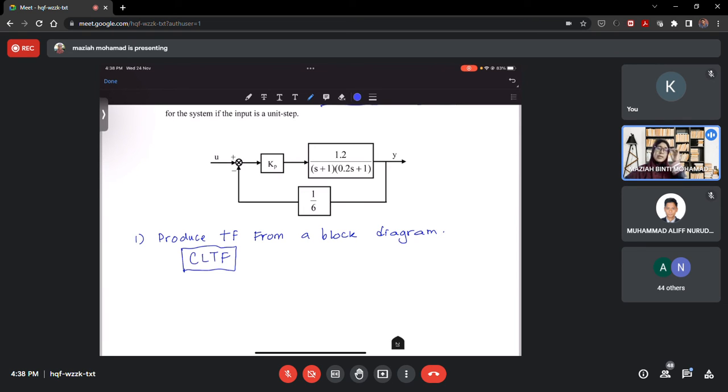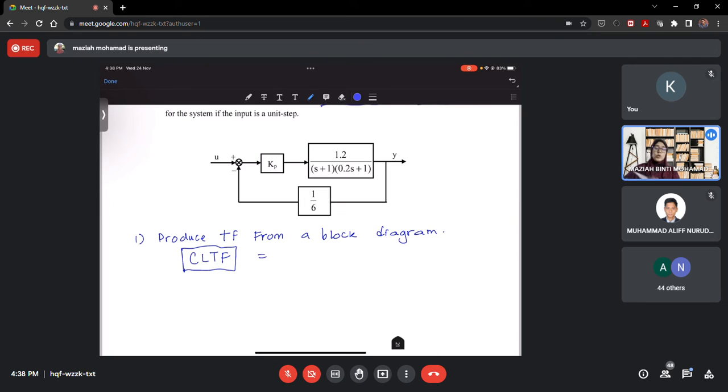Last week we discussed classification, and it is based on the open loop transfer function, so we need to determine the open loop transfer function before we do the classification analysis. As for any time response analysis, whether first order or second order, it is always based on the closed loop transfer function. Therefore we need to determine the closed loop transfer function.